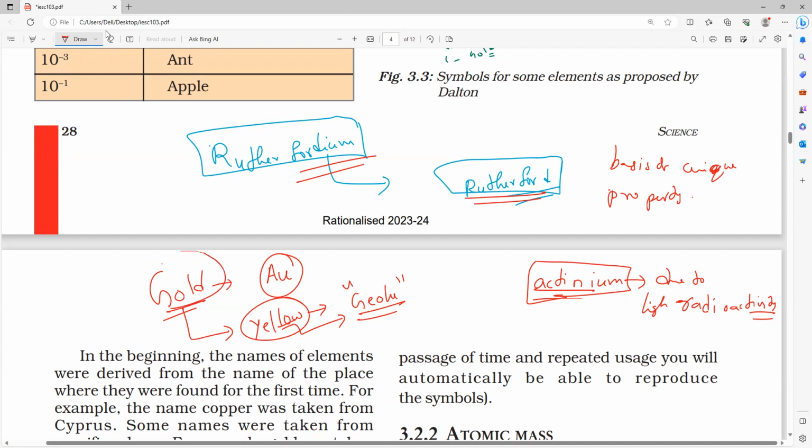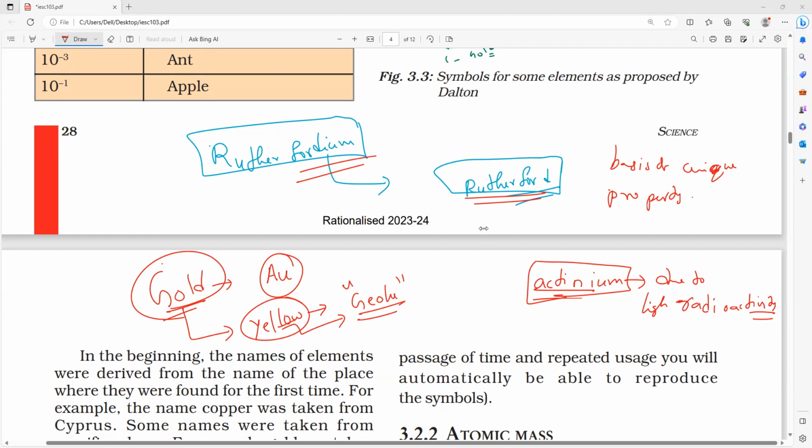That is why it is called gold. So gold got its name from the word geolu, which turned into gold. Geolu, G-O, E silent, gold, which means yellow color. Do you understand, everybody?